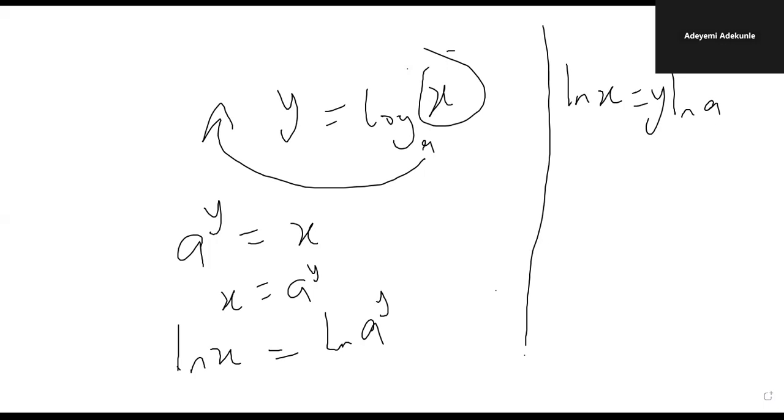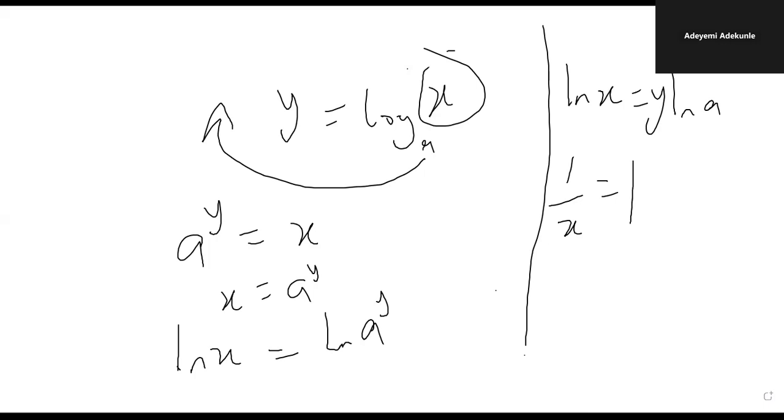Now, what do I have to do here? I have to differentiate both sides. Don't forget, anytime we differentiate ln x, we always have 1 over x equals y ln a. The ln a that you have is just acting like a constant. We call it an arbitrary constant. So the only thing that we need to differentiate here is our y. If we differentiate y, that is 1.